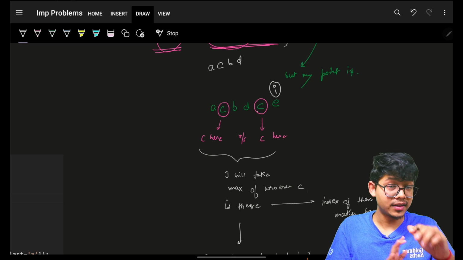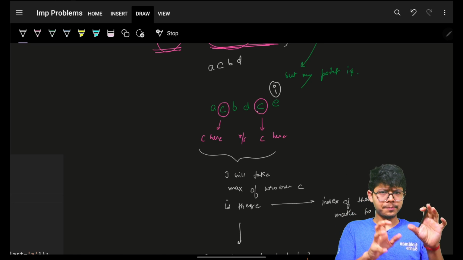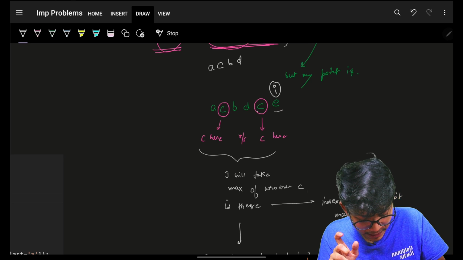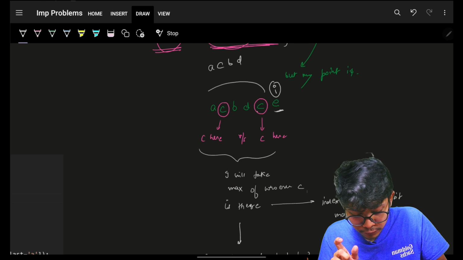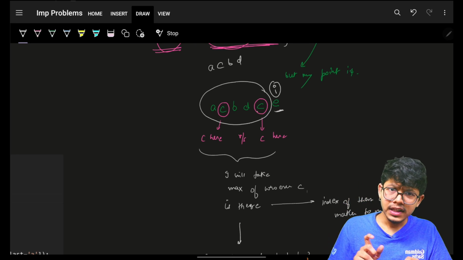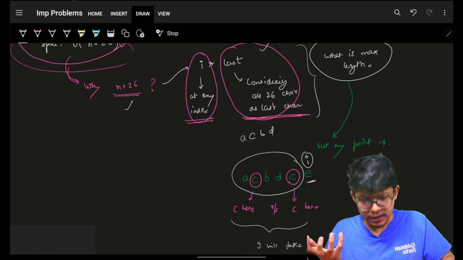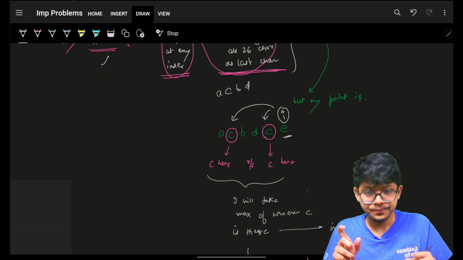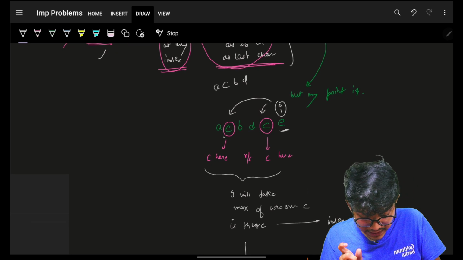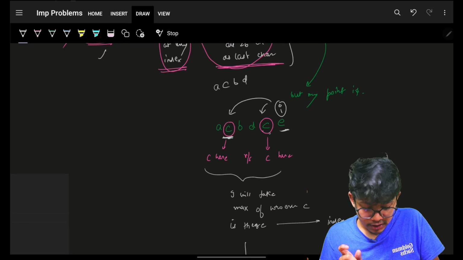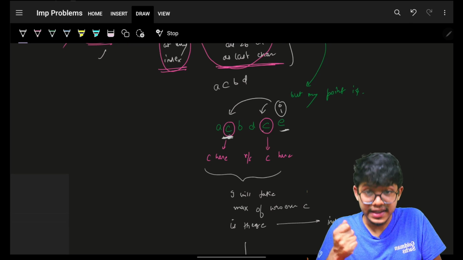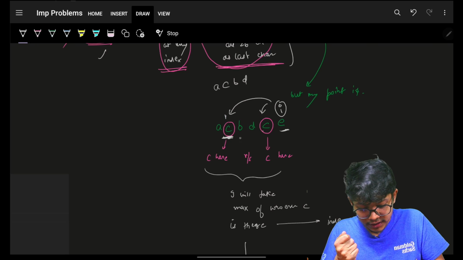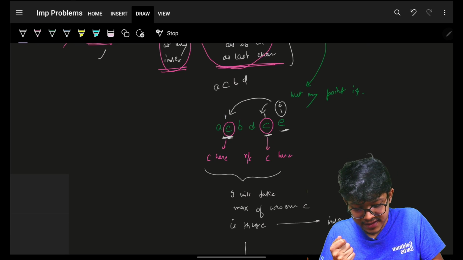That can be a confusing statement. It simply says, if I am at a specific index, I want to look for last characters. I will only check for a character, and I'm not concerned about this character C at index, let's say, 1, or this character C at index, let's say, 4.